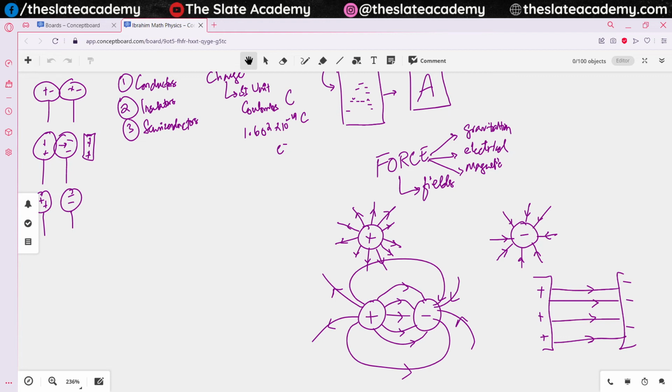For this last one, this is when you have two oppositely charged plates brought together. The field lines go from positive to negative.